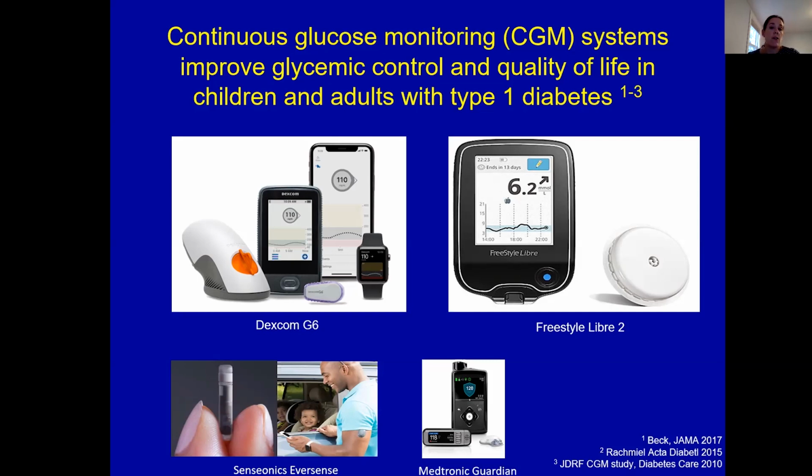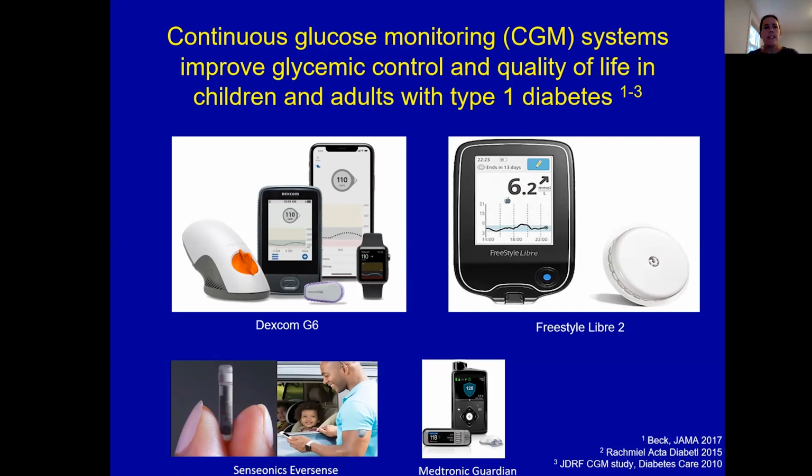These devices have been shown to improve glycemic control and improve quality of life in children and adults with type 1 diabetes. What you see here are two of the currently available CGM systems in the US. The ones that we use the most are the Dexcom G6 here on the left, and the Freestyle Libre, which was recently a new version, the Libre 2, which is recently FDA approved.